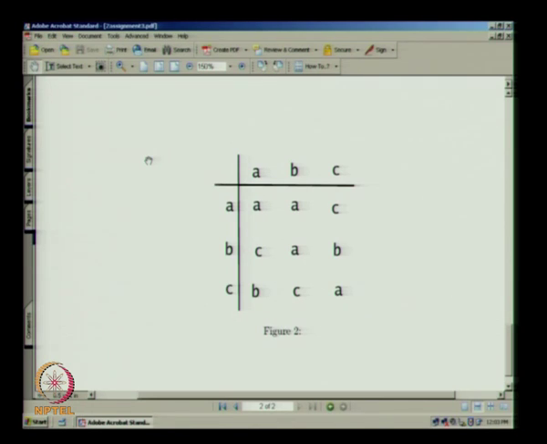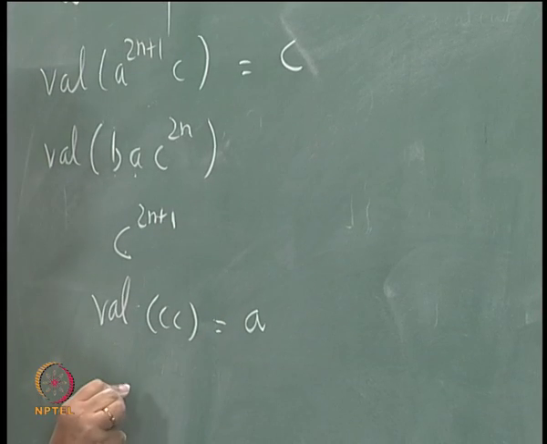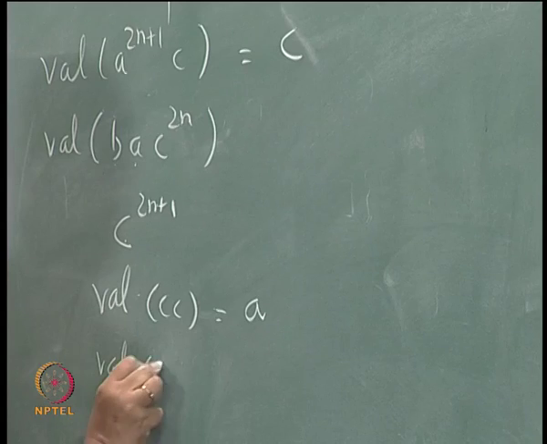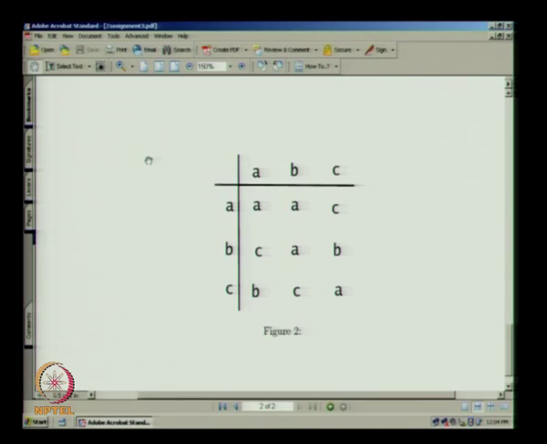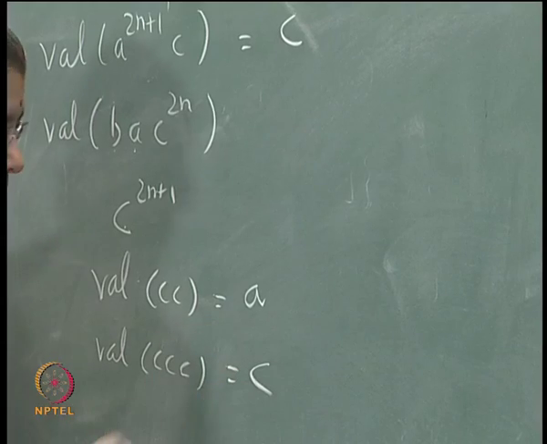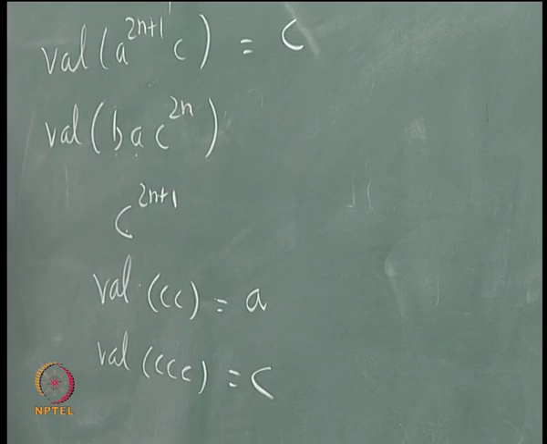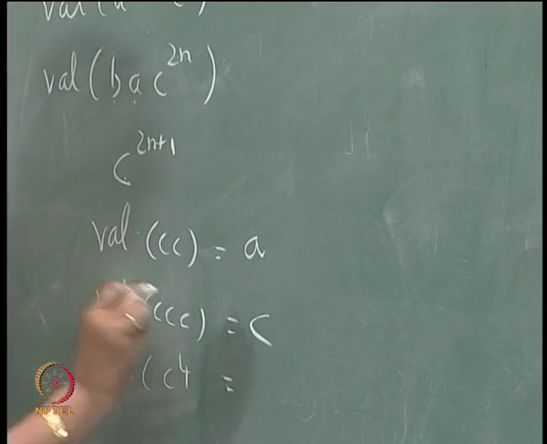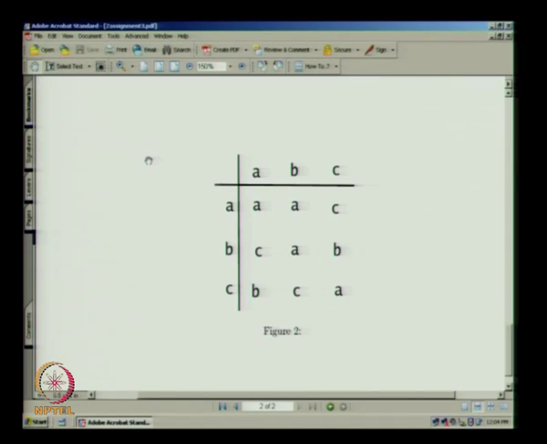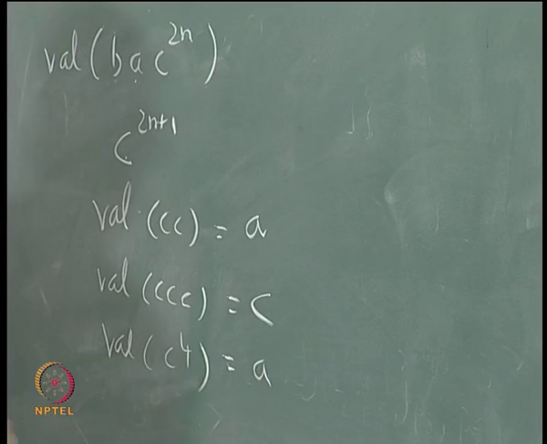What is the value of CC? A. What is the value of CCC? That is AC, that is C. What is the value of C power 4? That is CA and CC, which is A, right.